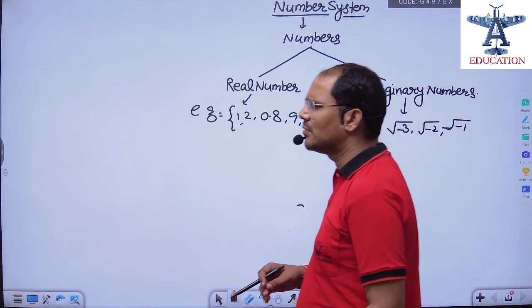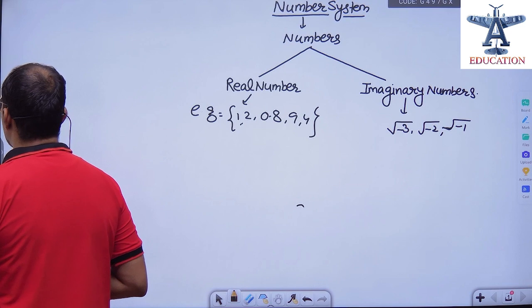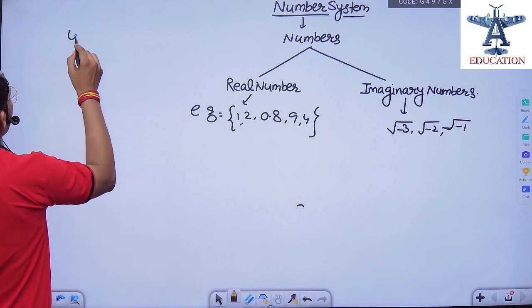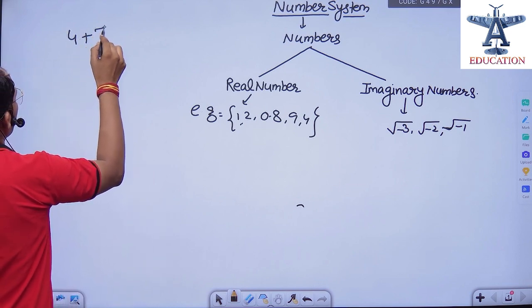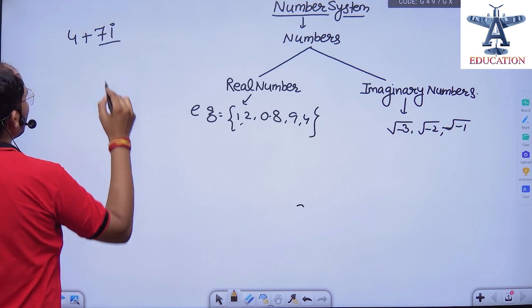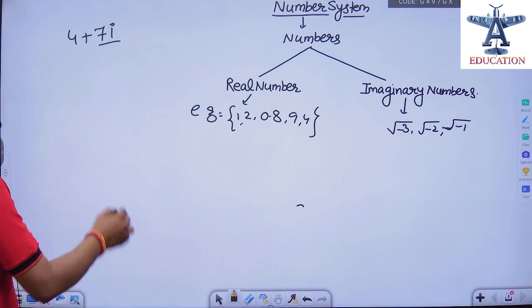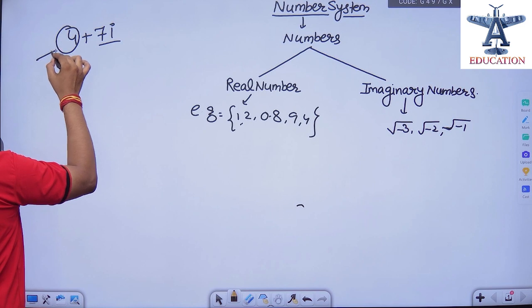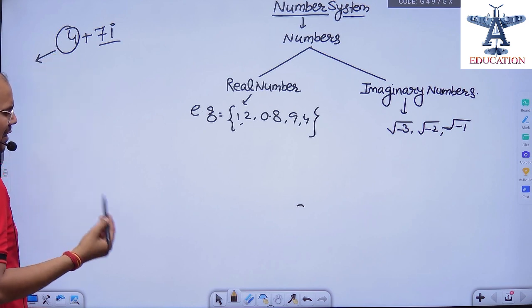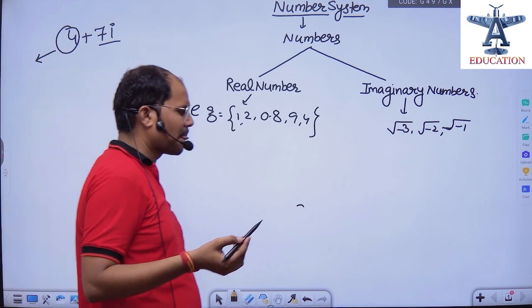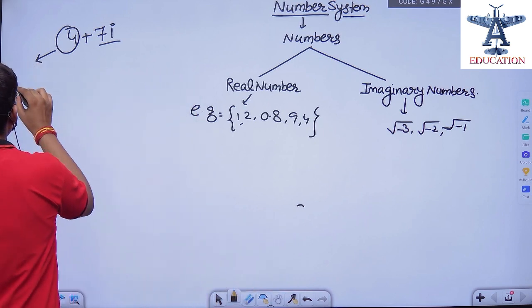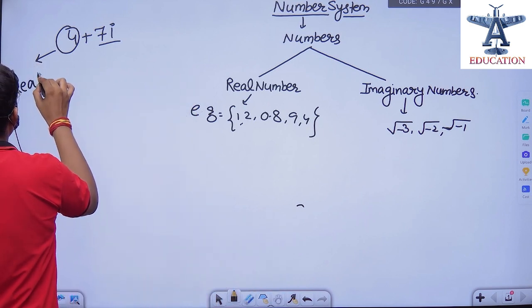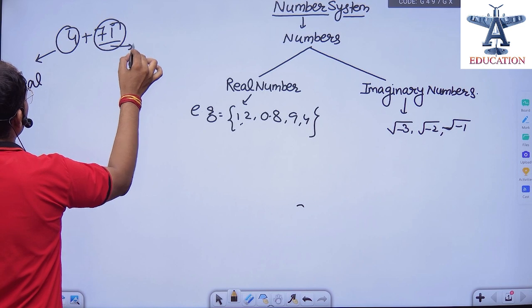In the number system, if we write a number like 4 plus 7i, it means this number is a complex number. We will write that this one is a real number and this is the imaginary number.